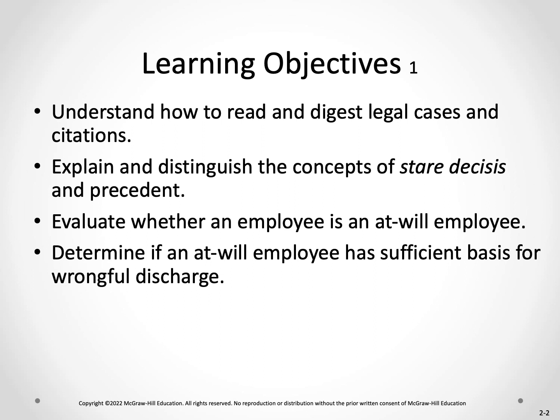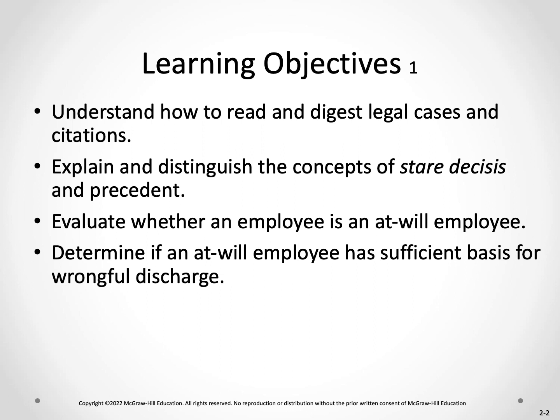We want to be able to, in the third objective, evaluate whether or not an employee is an at-will employee. And most states are at will. There's a few that are not, but generally speaking, we need to know whether or not someone is at will, because that gives us a lot more freedom in being able to let somebody go if they are at will.